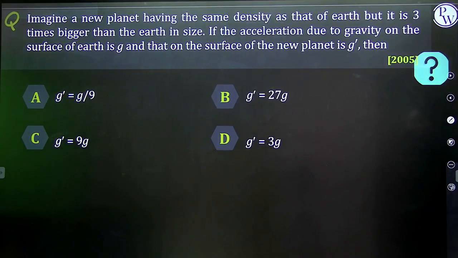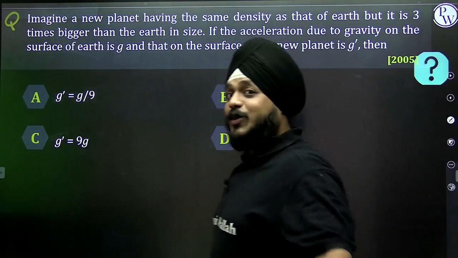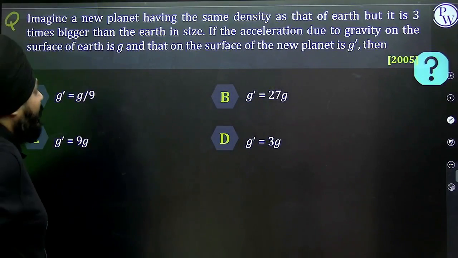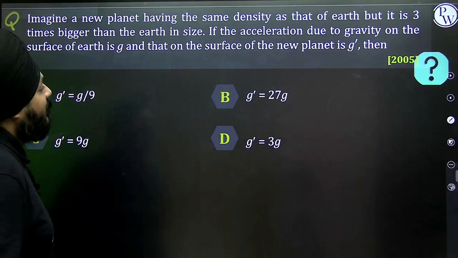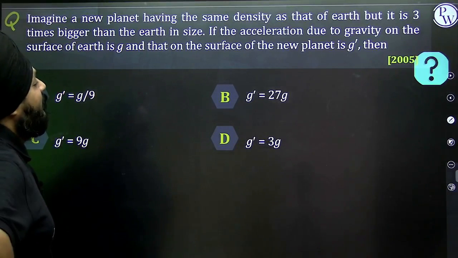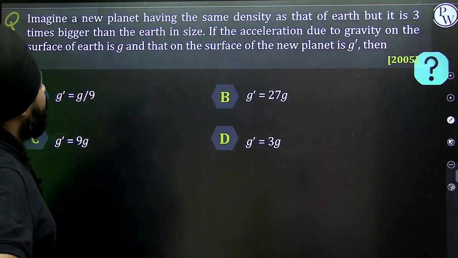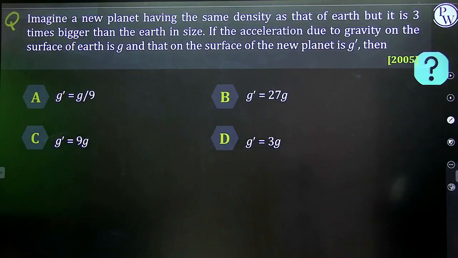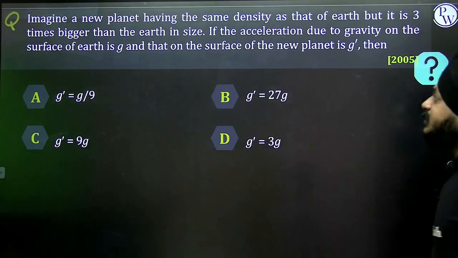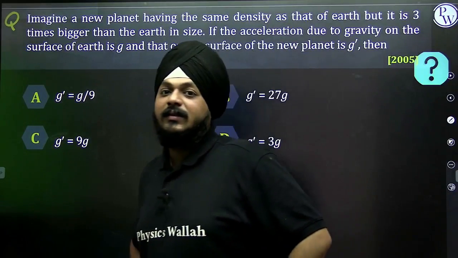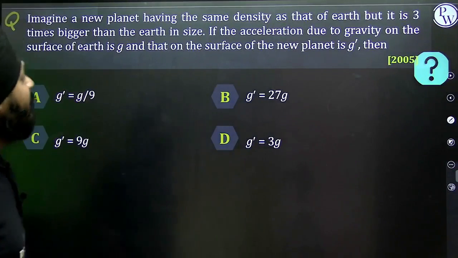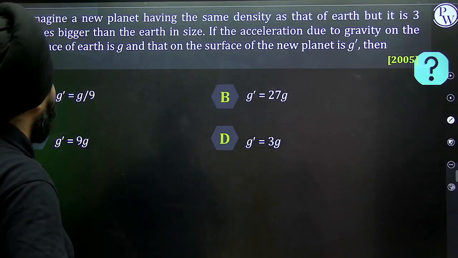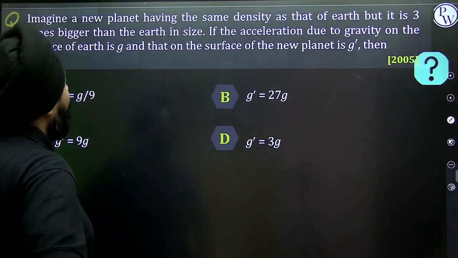Imagine a new planet. Oh, wow, the equation of density is going to come. Imagine a new planet having the same density as that of the Earth, but it is 3 times bigger than the Earth in size. If the acceleration due to gravity on the surface of the Earth is g, then the surface.